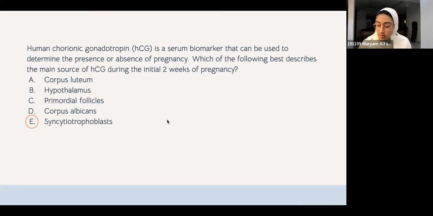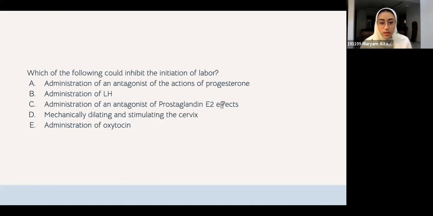After our initial 2 weeks of pregnancy, it's mainly going to be produced by the placenta. Placenta, perfect, exactly.